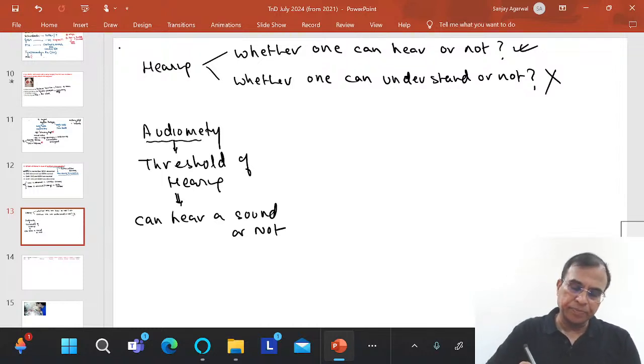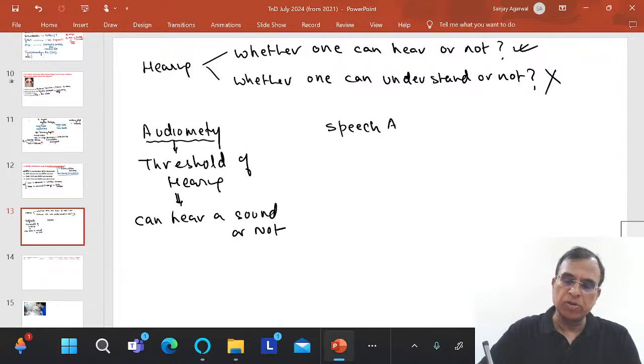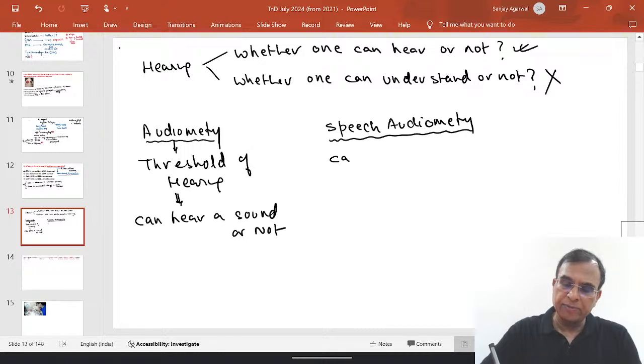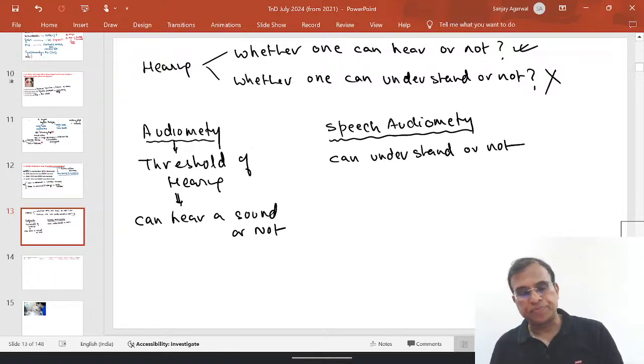Whereas speech audiometry, which we usually don't discuss, tells us whether the patient can understand or not. So, there is a different investigation for that, right?